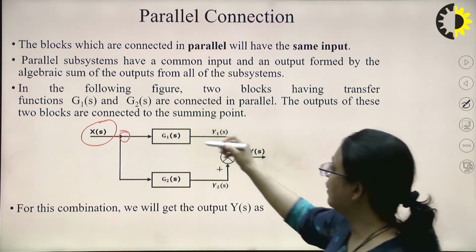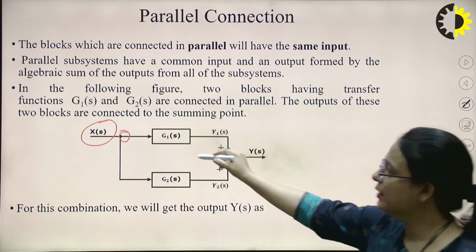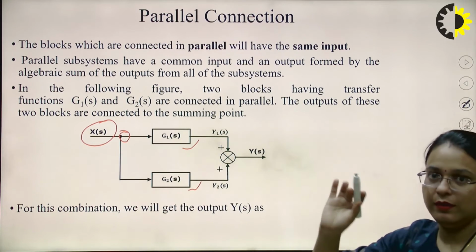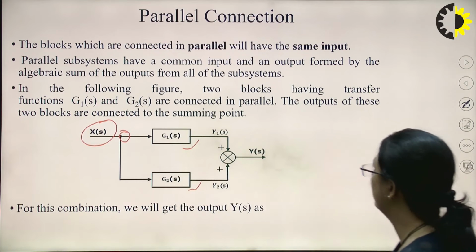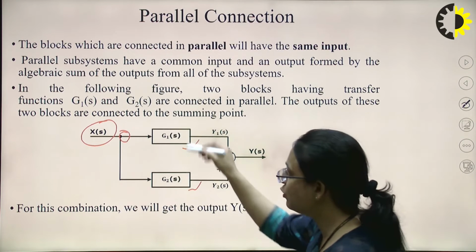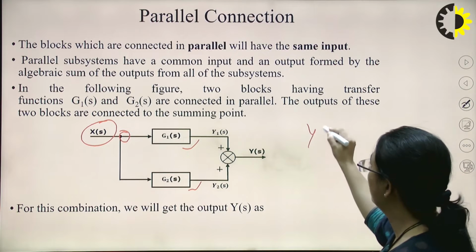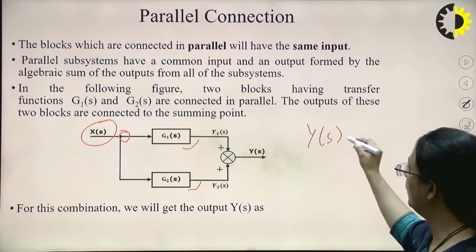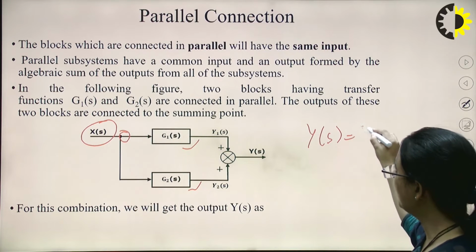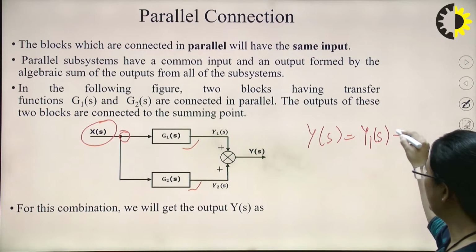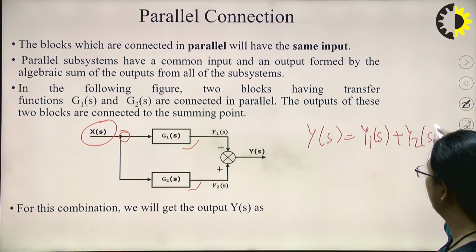In this figure, we have two blocks connected in parallel, G1s and G2s, so the outputs of these two blocks go to the summing point. Here you can see Ys will be equal to Y1s plus Y2s.